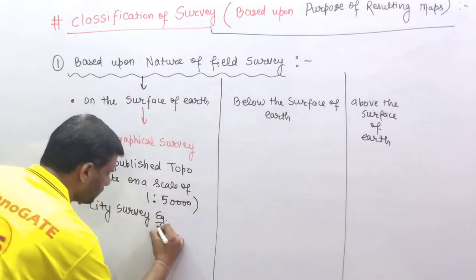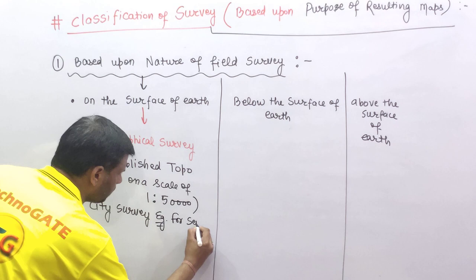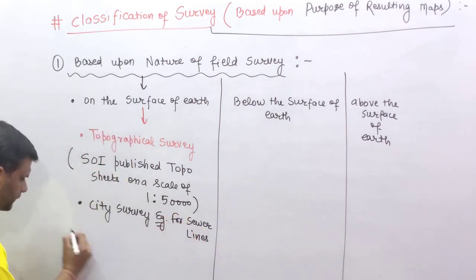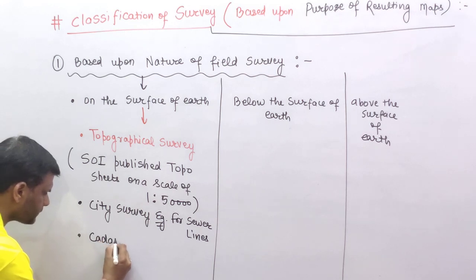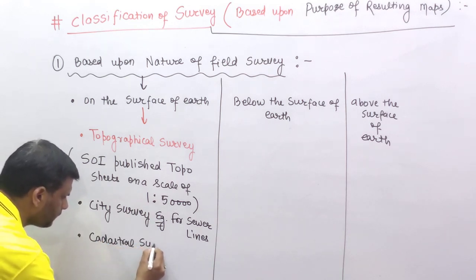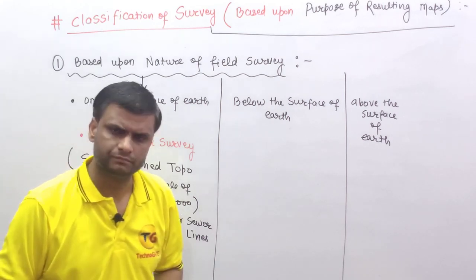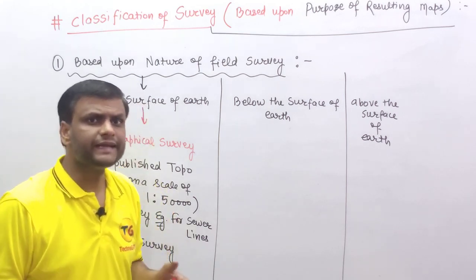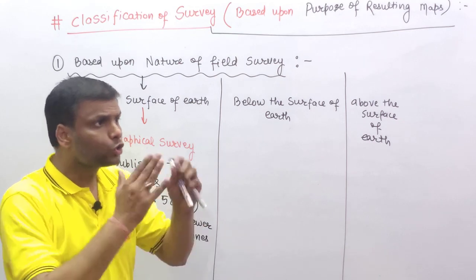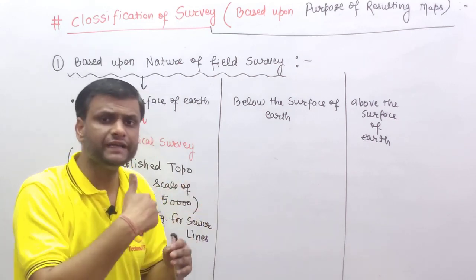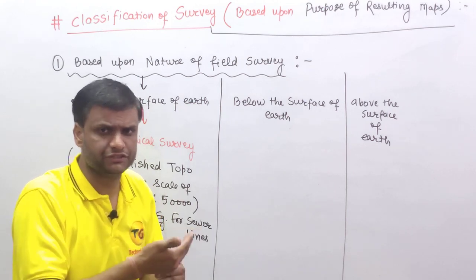Example, sewer lines. The third one is called cadastral survey. In the case of cadastral survey, boundaries differentiation is done.